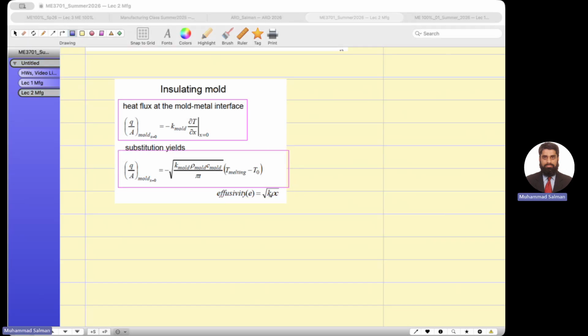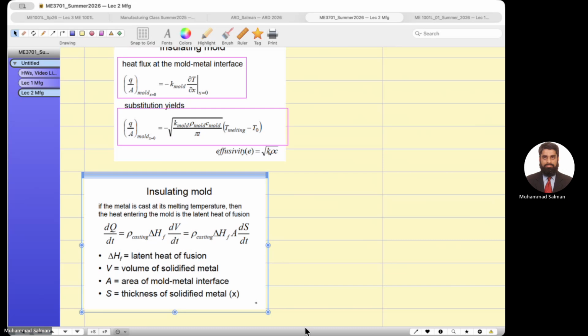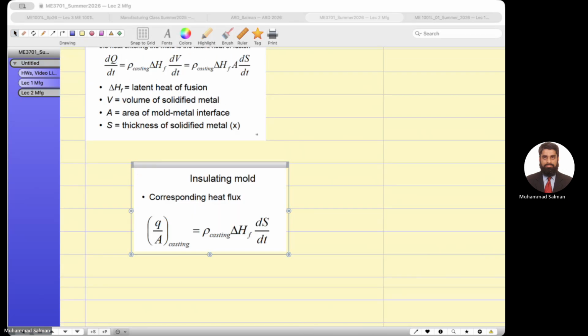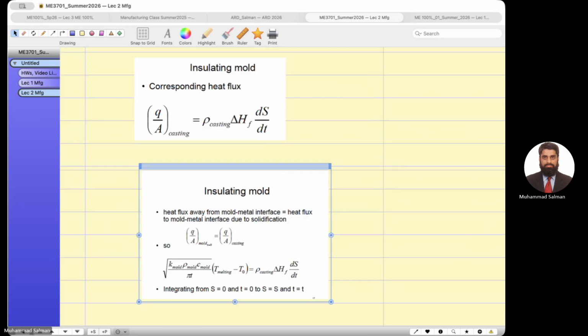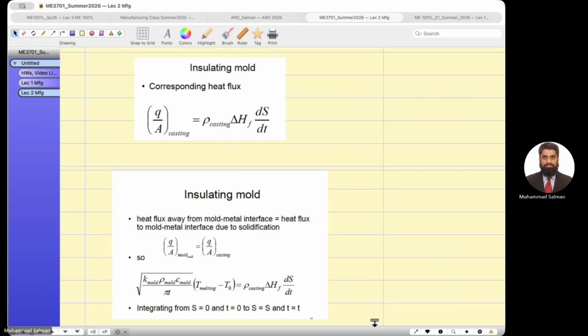So let me show you over here. This derivation. I will tell you the final formula which you will need for your formula sheet, and the heat flux for the insulating mold. So you see, it's going to be derived very quickly now.